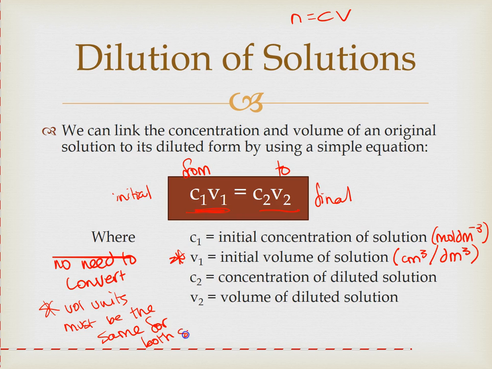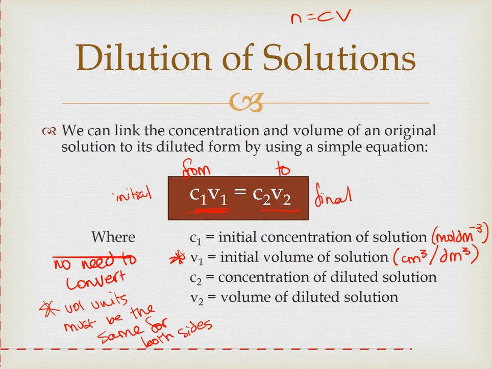So if you plug in a centimeters cubed value into V1 and you're solving for V2, then your volume will be in centimeters cubed. If you're subbing in a decimeters cubed value into V1 and solving for V2, then your answer will be in decimeters cubed. You need to be aware of that.